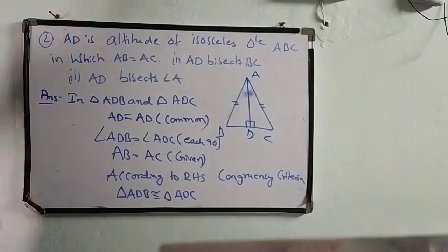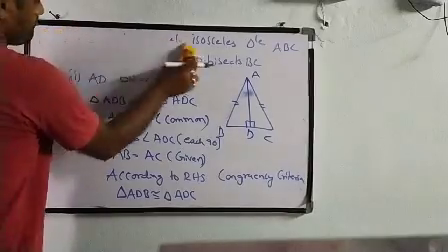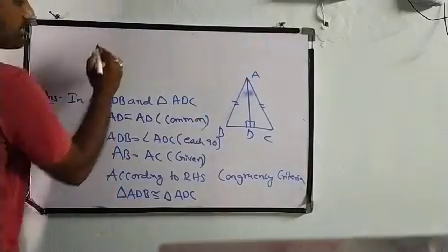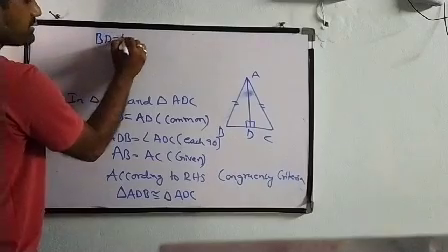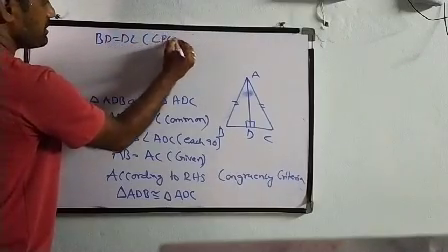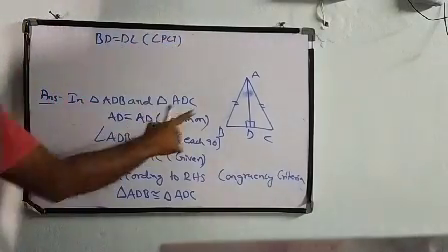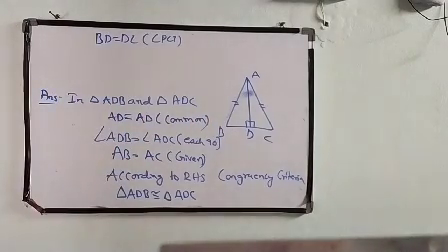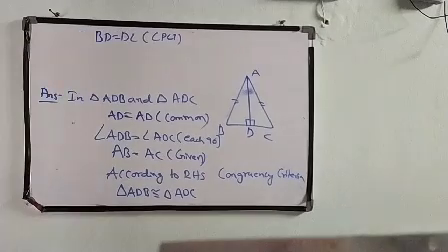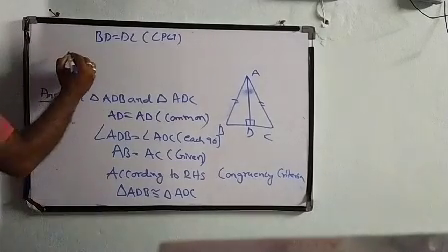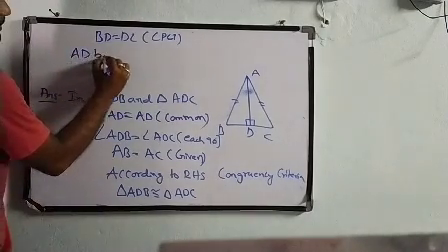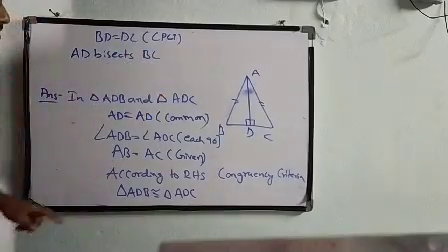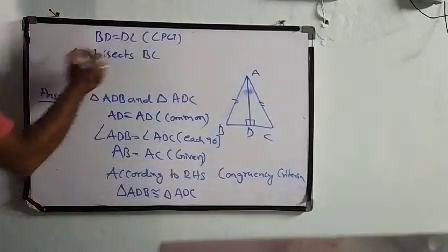we can say that triangle ADB is congruent to triangle ADC. So if these two are congruent, by CPCT I can write BD is equal to DC. So AD is bisecting BC, that is the first proof.